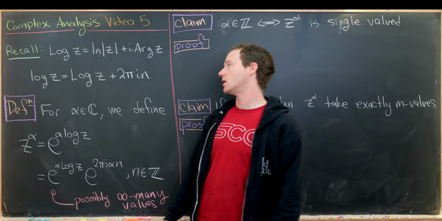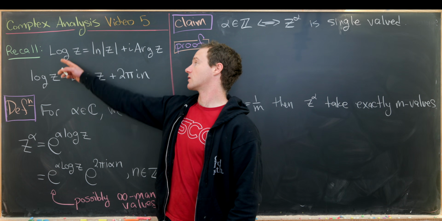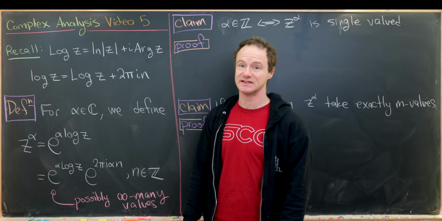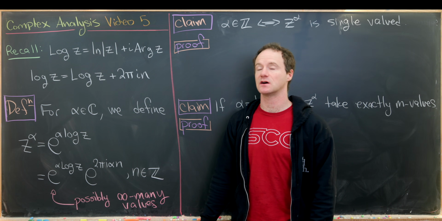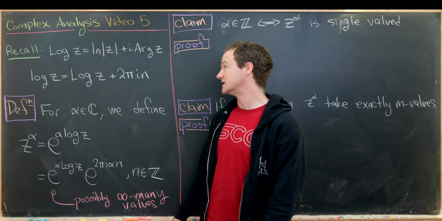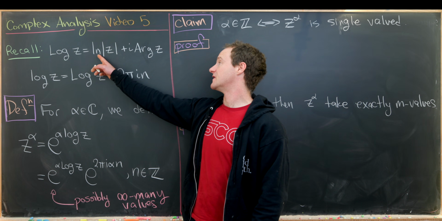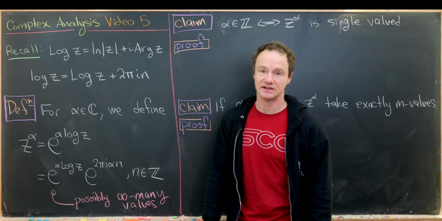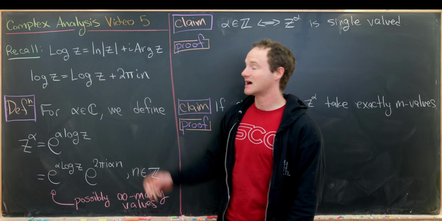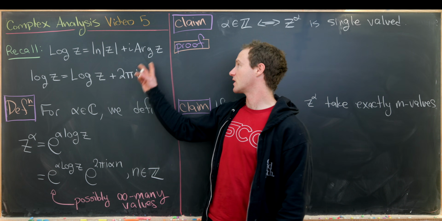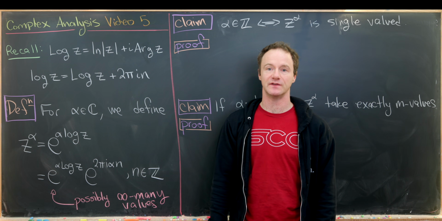So let's recall that the principal branch of the logarithm, capital Log z, which is defined as long as the complex number z is not equal to 0, is given by the natural log of the modulus of z plus i times the argument of z, where here we're taking the principal value of the argument.